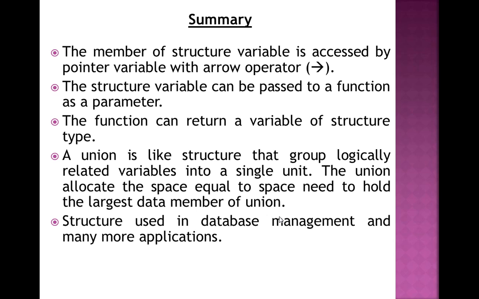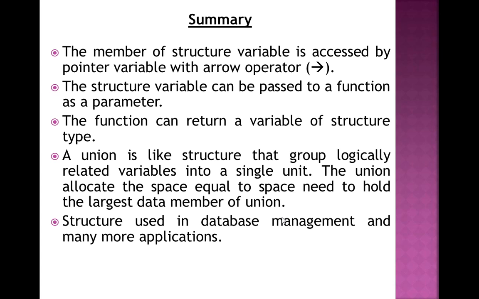Then, a member of a structure variable is accessed by a pointer variable. Whenever we use a pointer variable, it is accessed using the arrow operator. Whenever we use a simple structure variable and access an element, that is done by the dot operator. So the dot operator is used for a normal structure variable and the arrow operator is used for pointer variables.